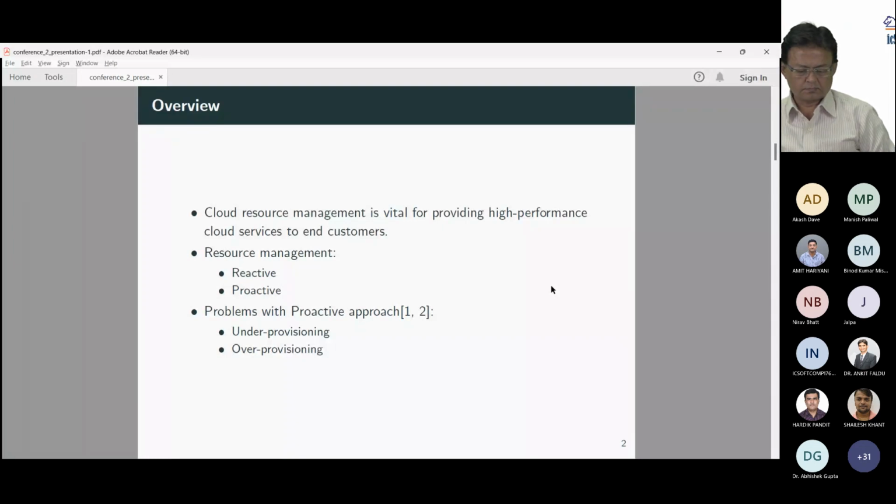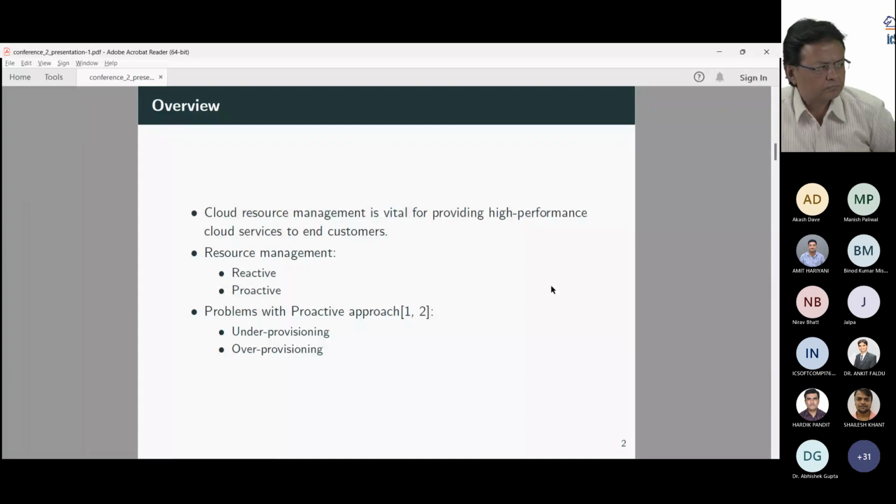In the proactive approach, a certain amount of resources is allocated to the user before the requirement. If the resources allocated to the user are more than their service request, then resource wastage happens. And if the resources are lesser than the requirement, then there is a shortage of resources.